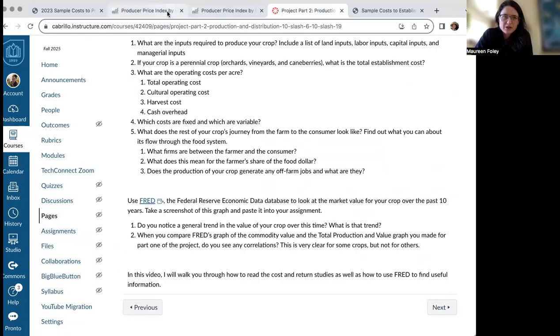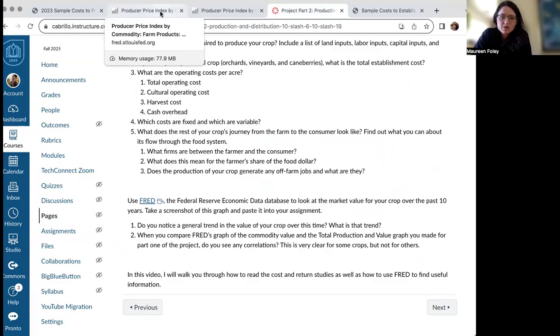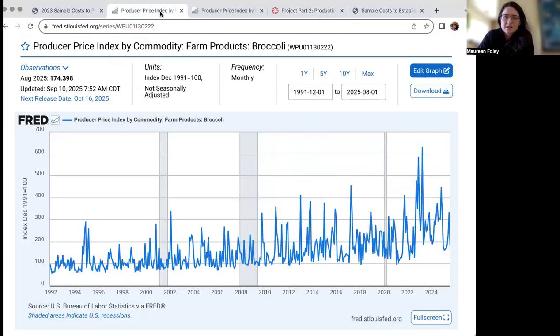And then the other question asks you to compare this data from FRED to the graphs that you produced in part 1. Now, there may or may not be a correlation there. You might see the price over the last 10 years of your commodity rising, reflected both in this price index data and also in the crop value from your graph from last time.